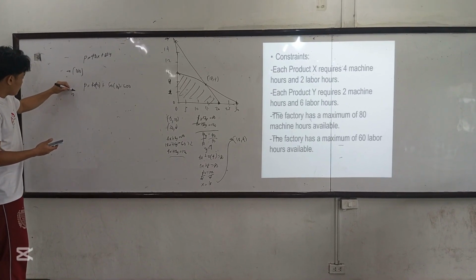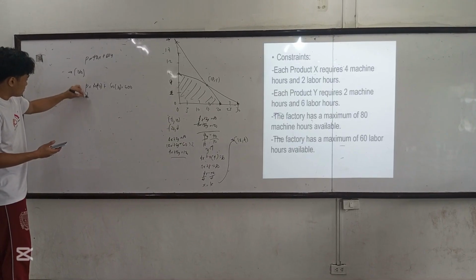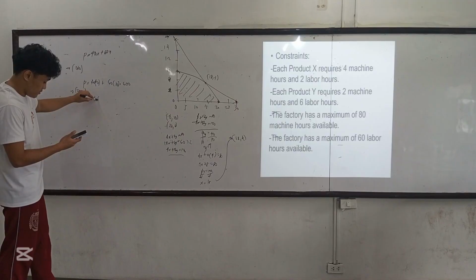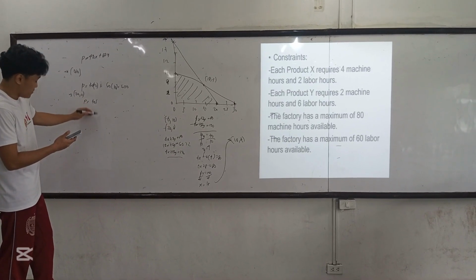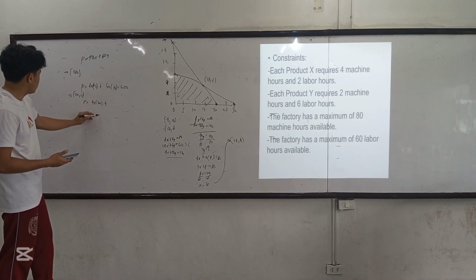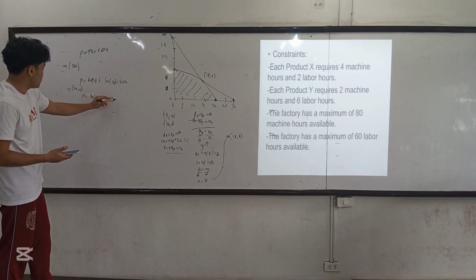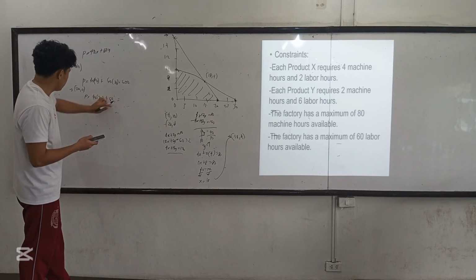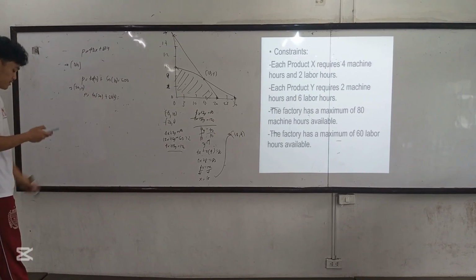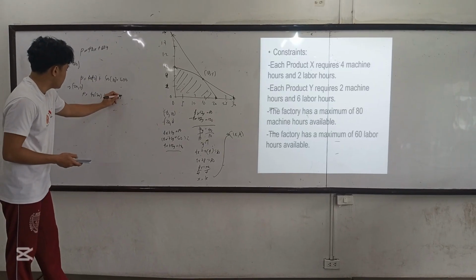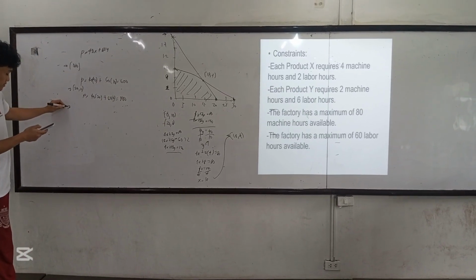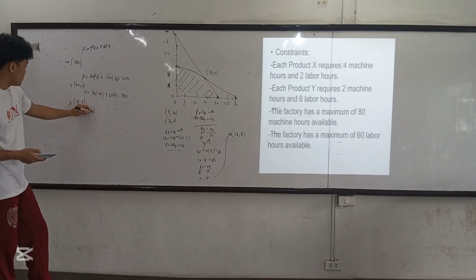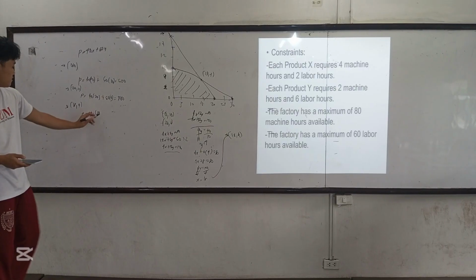For point 20 and 0, P is equal to 40 times 20 plus 60 times 0. And for the last point, the intersection 18 and 4, P is equal to 40 times 18 plus 60 times 4.